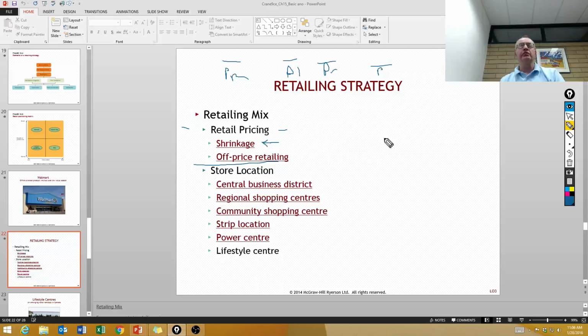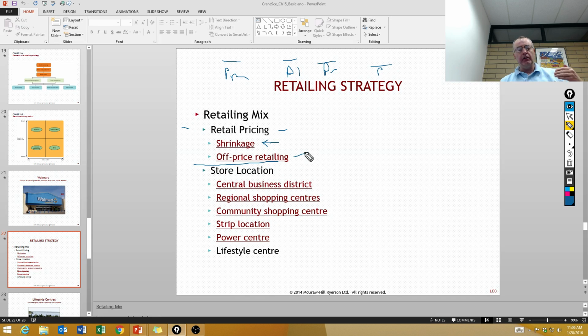Some merchandisers have regular sales, marking down their products, and that use of regular sales is simply part of their pricing policy. Other stores practice everyday low pricing, so they don't have sales very often. They just use the same low price all the time, and the best examples are Walmart and Home Depot. Then we can have off-price retailing.